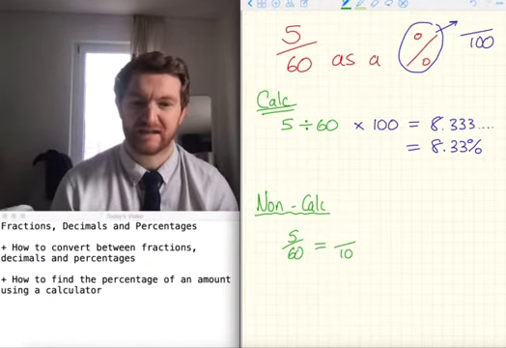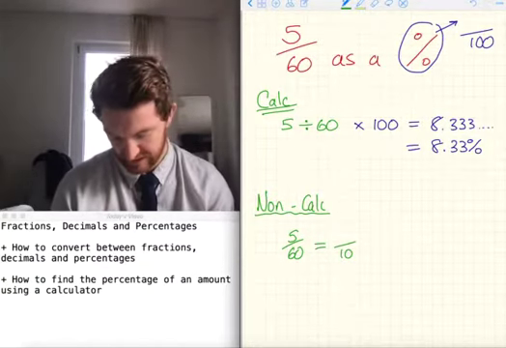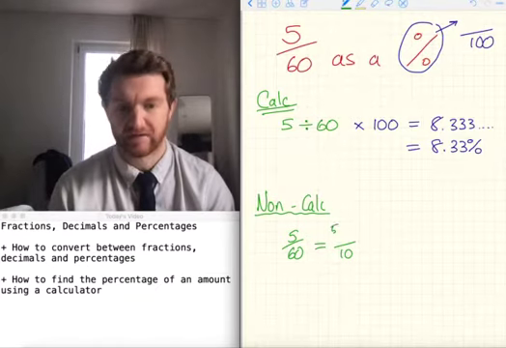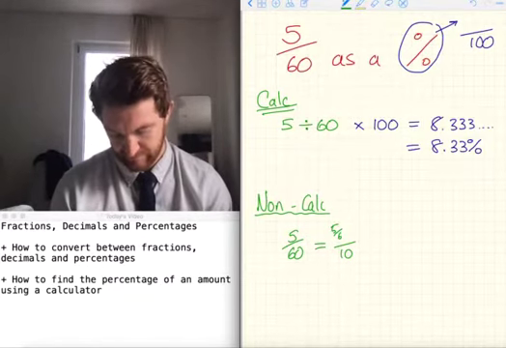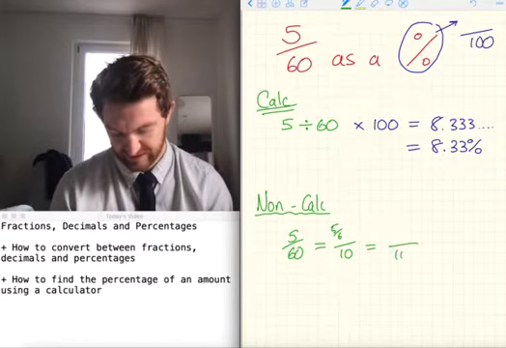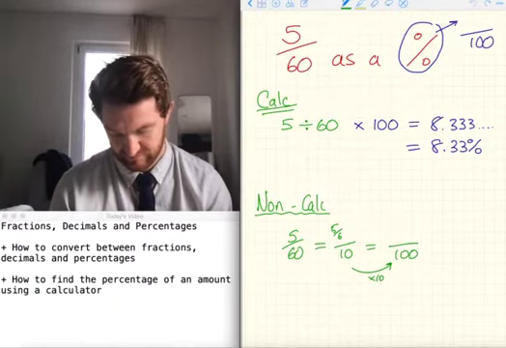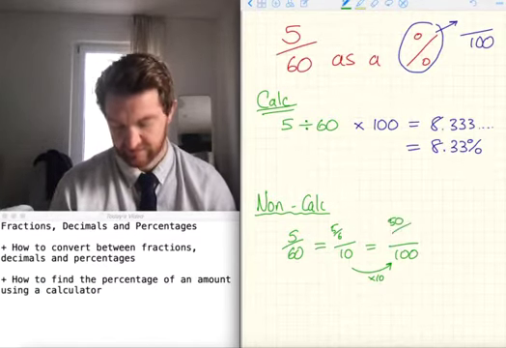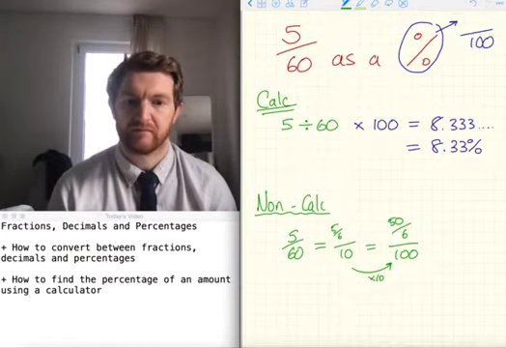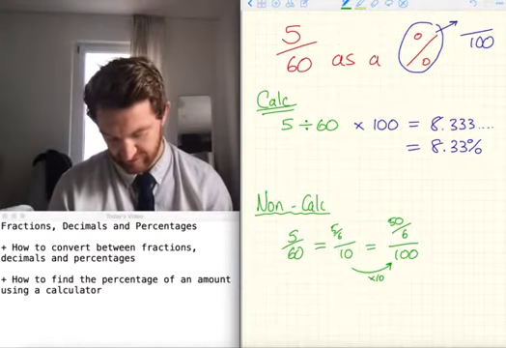Of course, that gives me a slightly annoying one, because it gives me 5/6, but that's okay for now. Then when we get that over 100, because we've timesed by 10, you get 50. Oh, no, over 6. So then you have to do a little bit of long division.